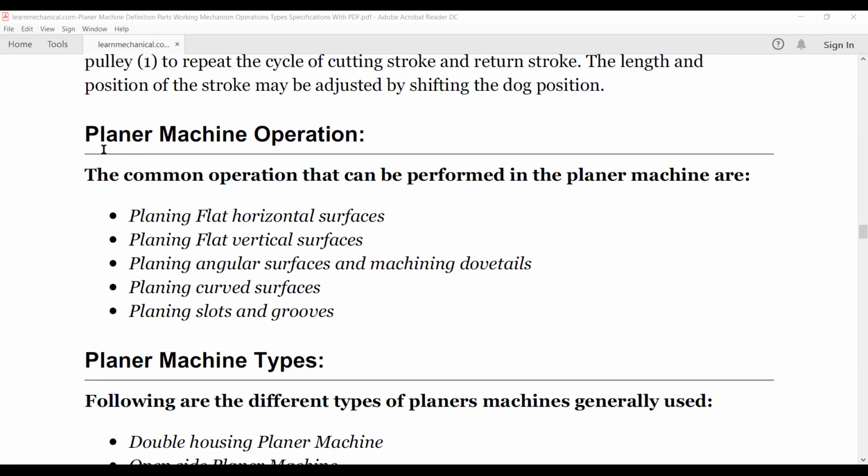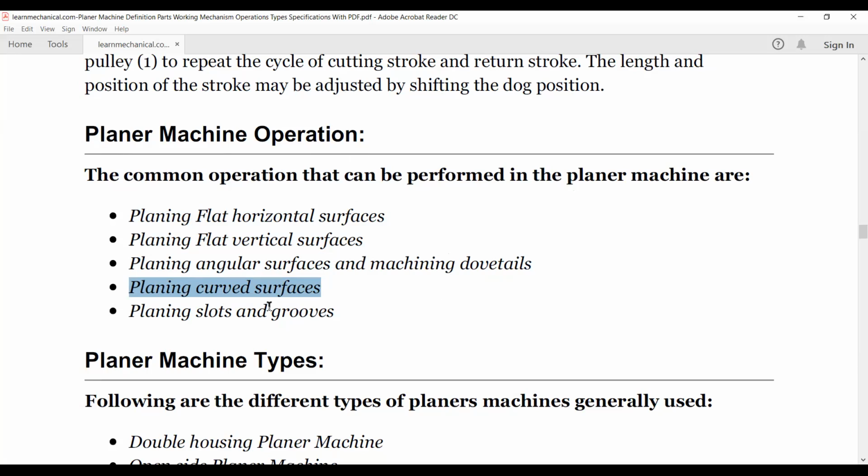Next we are going to discuss the planar machine operations. The most common operations that can be performed in the planar machine are planing flat horizontal surfaces, planing flat vertical surfaces, planing angular surfaces and machining dovetails, planing curved surfaces, and planing slots and grooves.